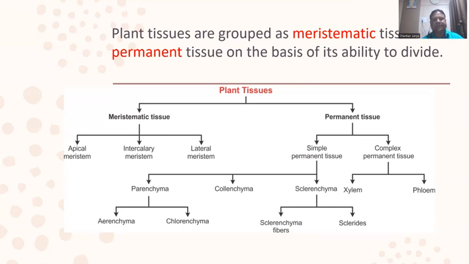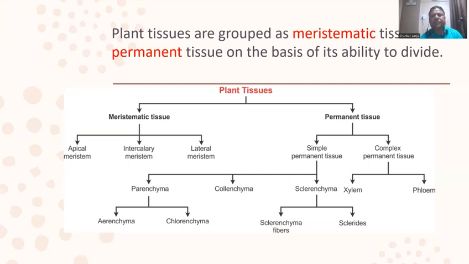Apical meristem, at the apex of stem and root there is apical meristem. Intercalary meristem, at the nodal region there is an intercalary meristem, and along the lateral side there is a lateral meristem. Apical meristem divides constantly by mitosis.